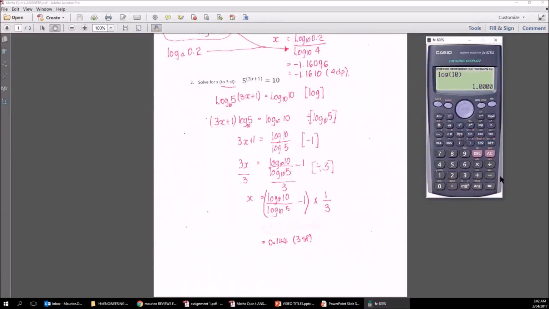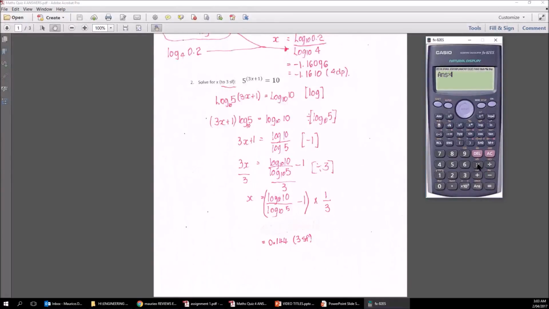Alrighty, then we're going to go divided by log to the base 10 of 5, close the brackets, equals 1.4307. And then I'm going to subtract 1 from that, and then I could either divide by 3 or multiply by a third.